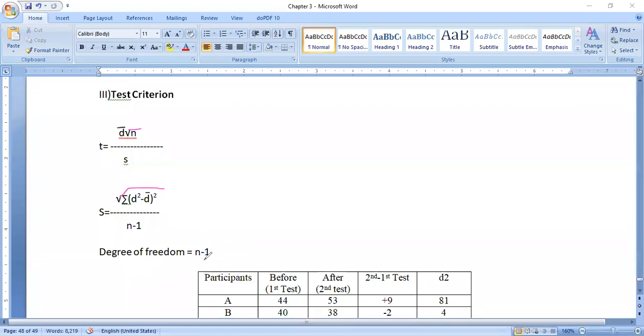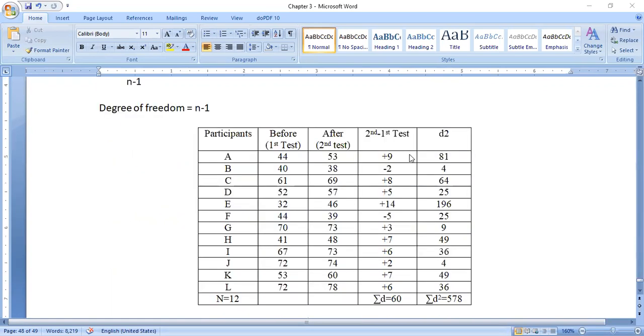Then degrees of freedom is n minus 1. How many participants are there? 12 participants are there. So here we have to write 12 minus 1 is equal to 11 is the degrees of freedom. So here the given problem will be written in this way.